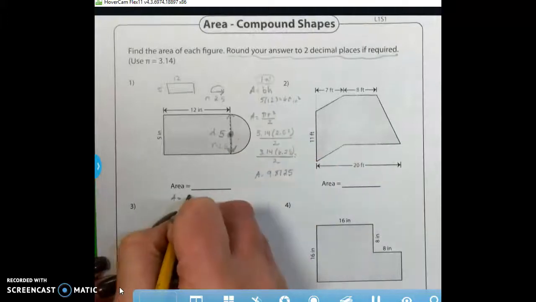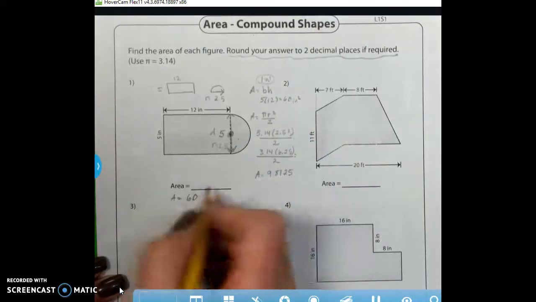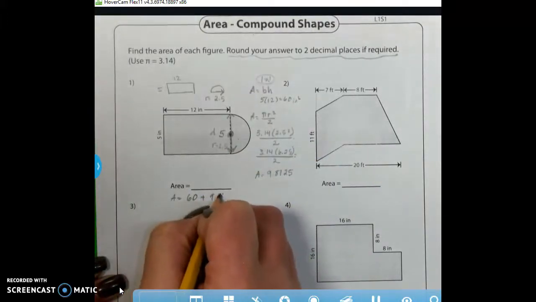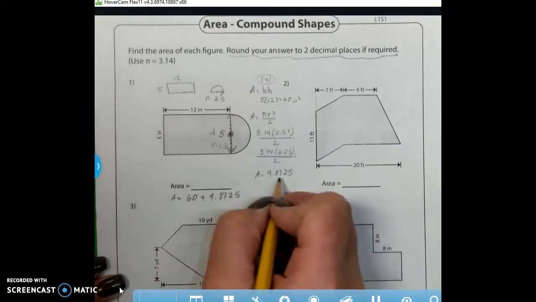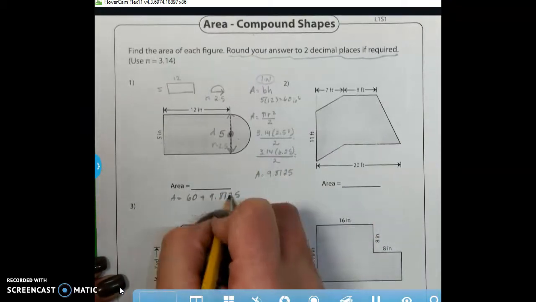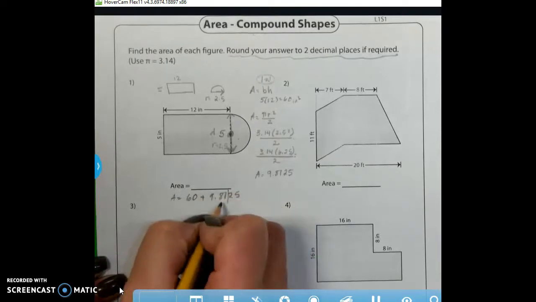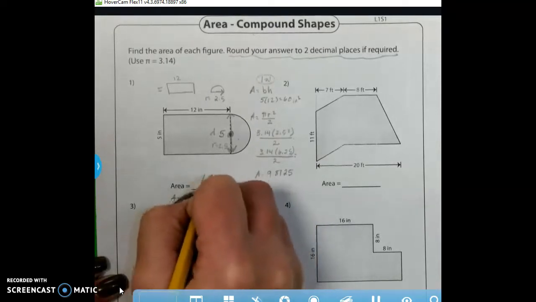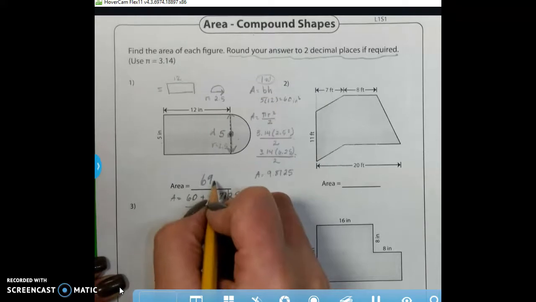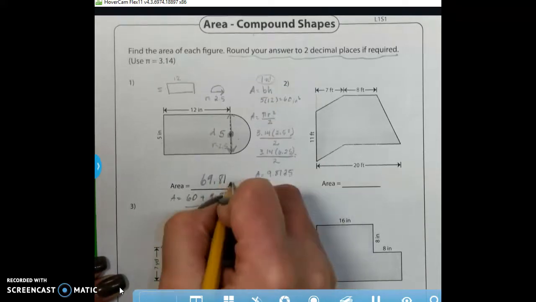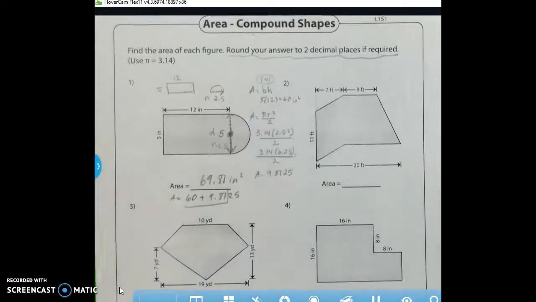So the area would be 60 plus 9.8125, which we know we don't need all of those digits. So we're going to round to the hundredths place for the final answer of 69.81 square inches.